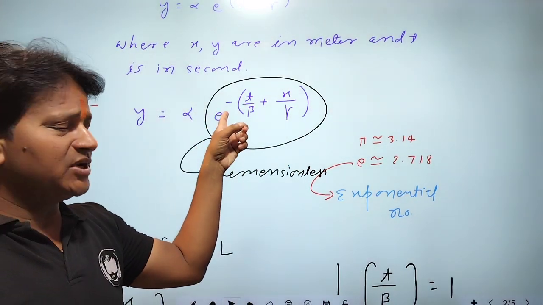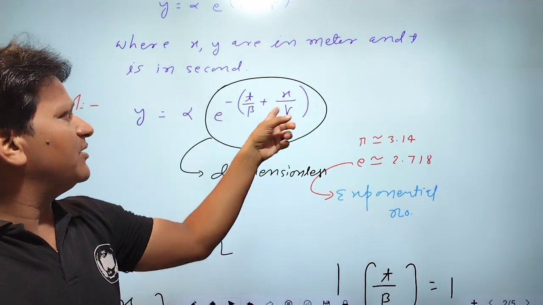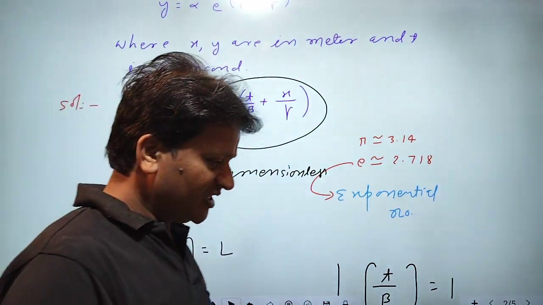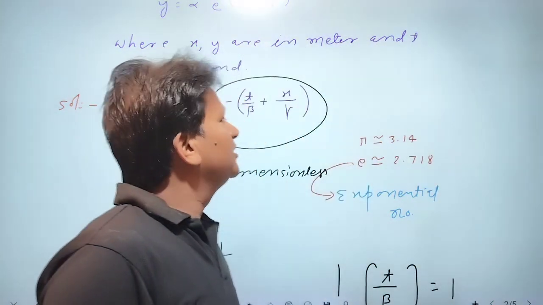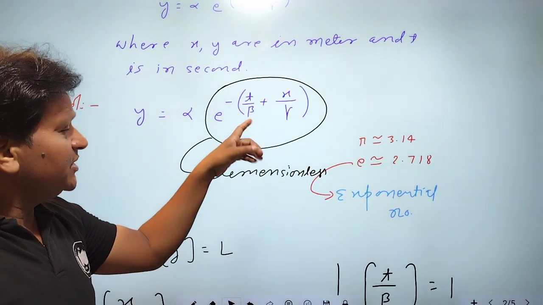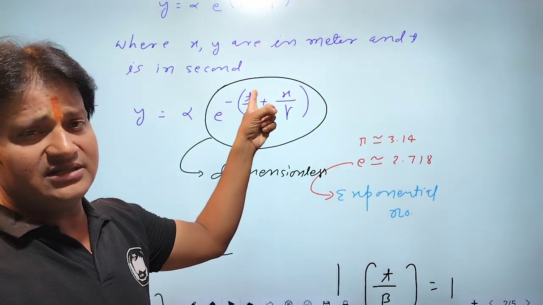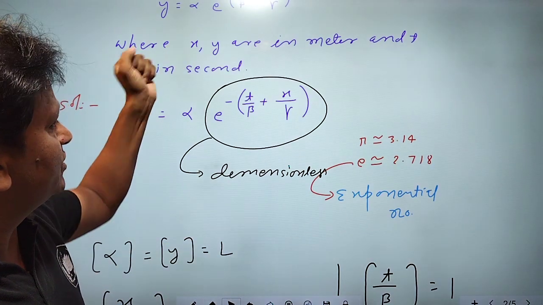e is the exponential number. Therefore, in power, this will be unitless. This will be unitless if and only if time is in second. Time is in second according to question.